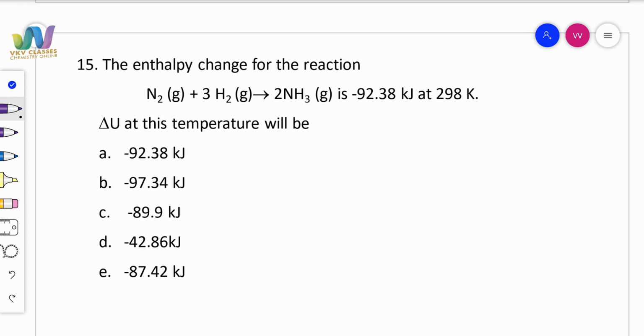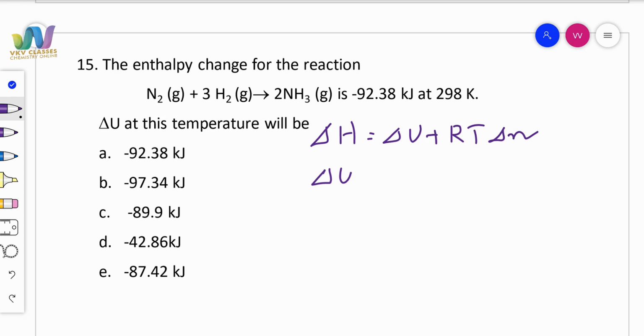The enthalpy change for the reaction N2 plus 3H2 giving 2NH3 is minus 92.38 kilojoules at 298 Kelvin. Delta U at this temperature will be. Again, you have the equation delta H is equal to delta U plus RT delta n.